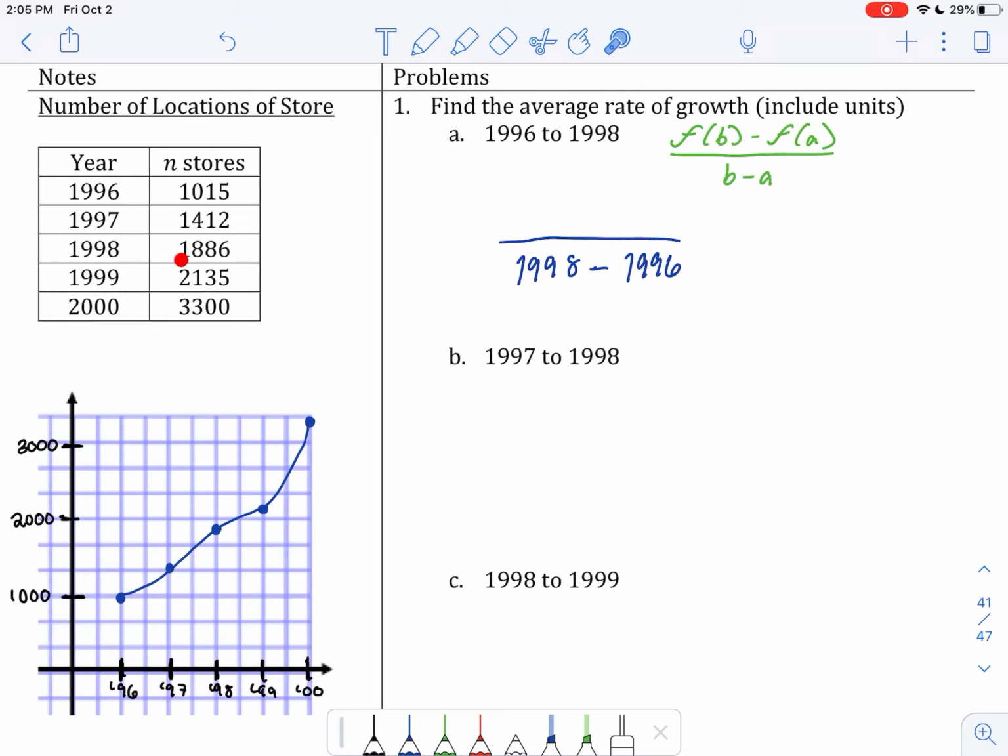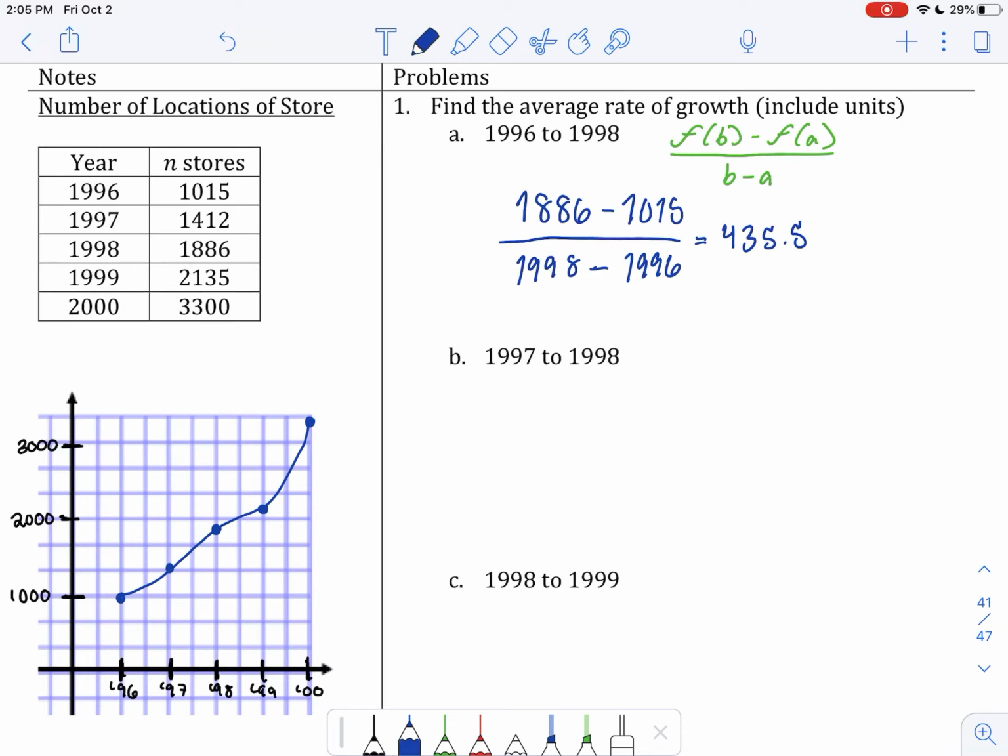So in 1998, there were 1,886 stores versus in 96, there were just 1,015. And you can calculate that out as 435.5. Now you can see here it asks to include units.